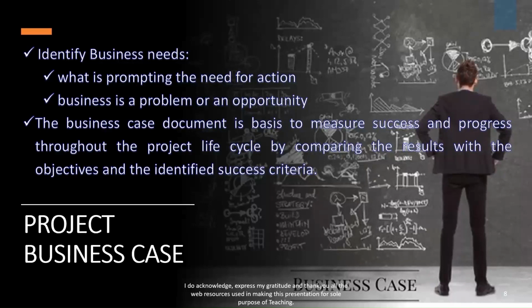Success criteria should be part of your business case document. And the most important thing, you will have to keep checking whether you are still meeting the objective or not. What objectives and what goals you have set, are you meeting them or not?